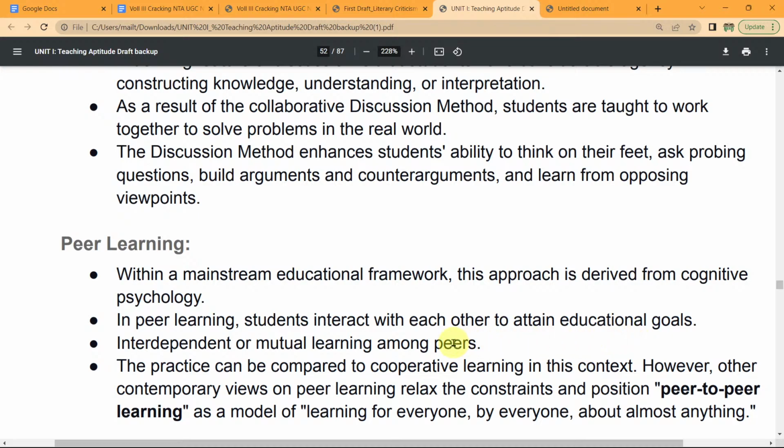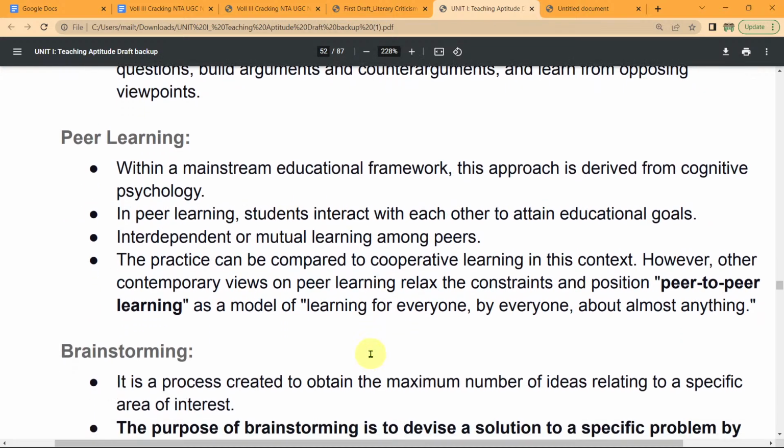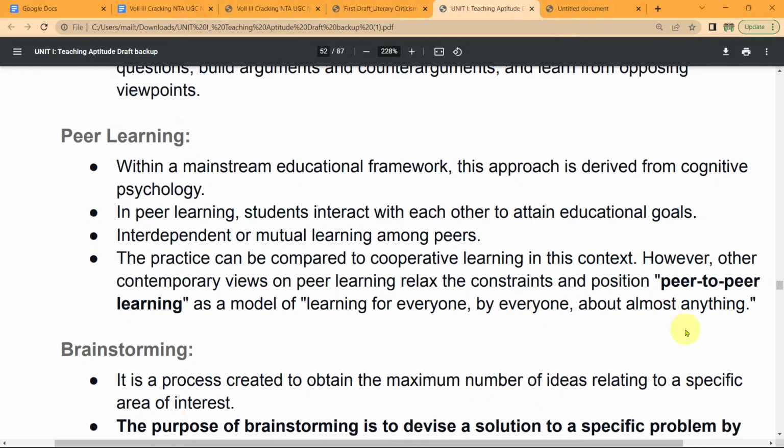Suppose Priya knows about restoration theater, and Anjali knows about Jacobean theater. So they will teach each other and learn from that. Got it? And one example is there: learning for everyone, by everyone, about almost anything.